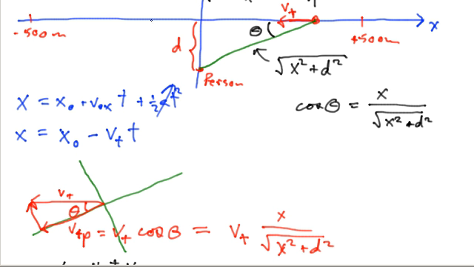After that, the component of the velocity, if I look at a position over here when the train is over here, if I break that up into components, the velocity of the train.